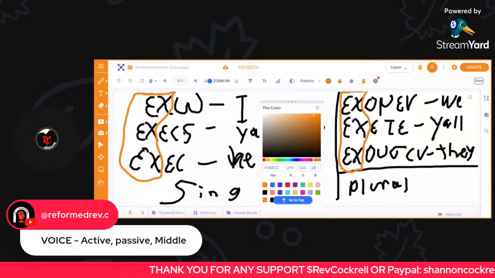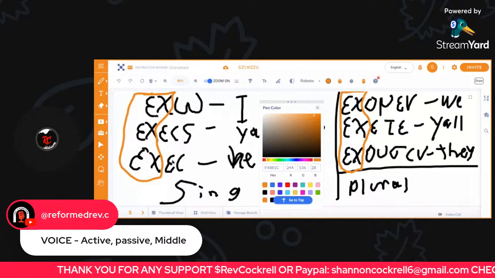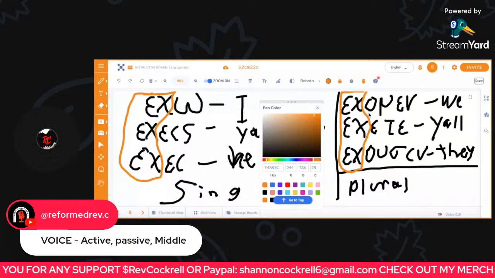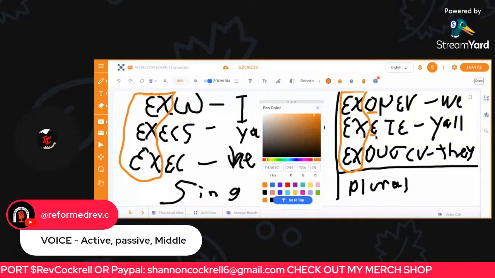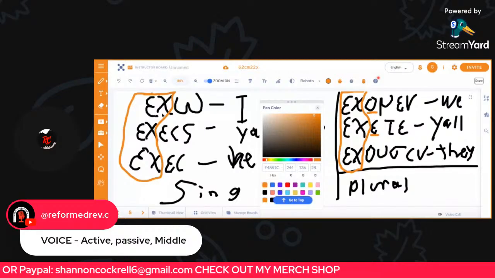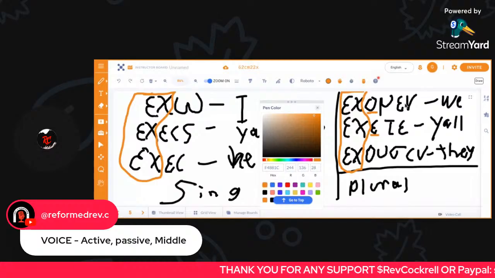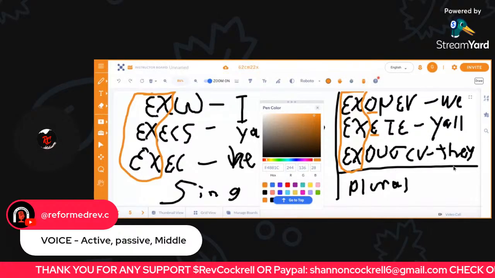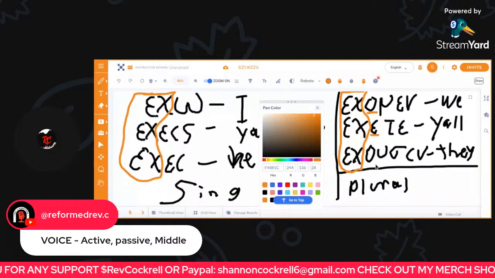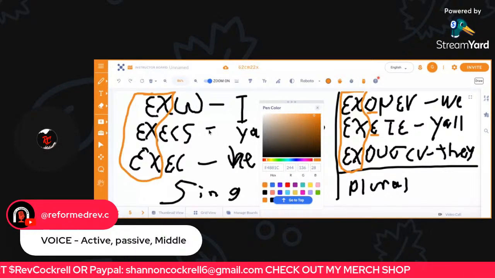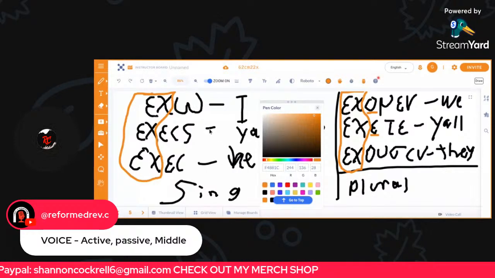And then we'll have the ending, or there'll be a connecting vowel. So, I, you, he, she, it, we, you plural, they. So we have the person number suffix and the stem.